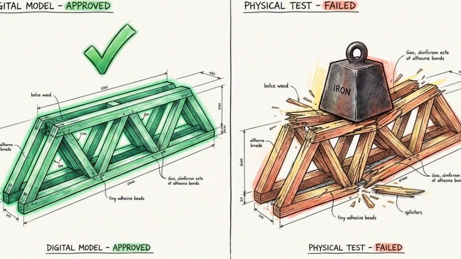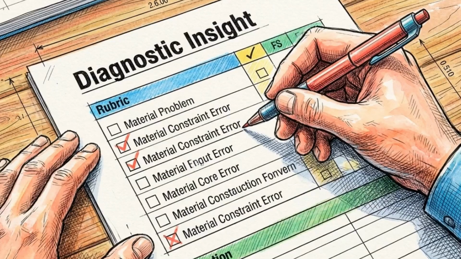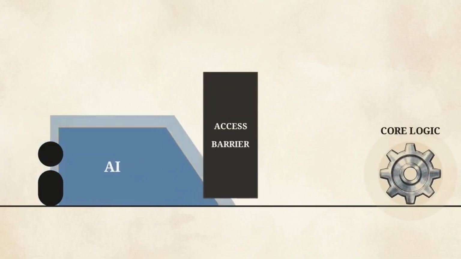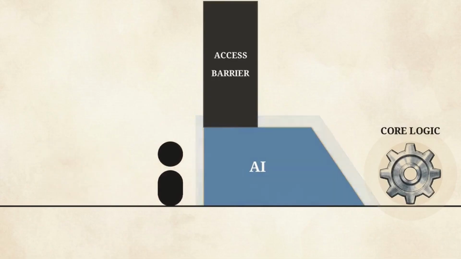Within this dual architecture, a student might perfectly execute the concept but fail the physical construction. A failure in either domain is treated as a critical diagnostic insight into their learning process, rather than a mere point deduction.